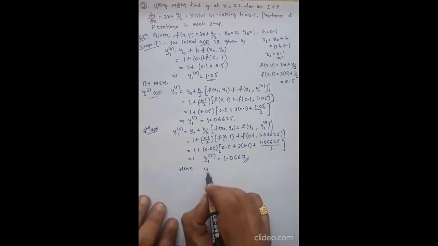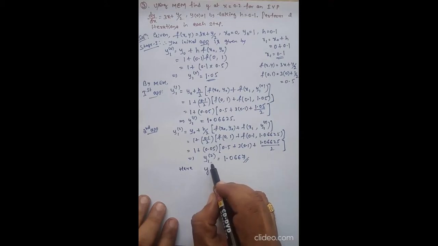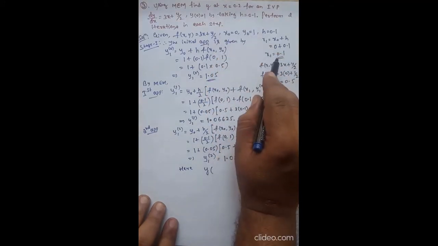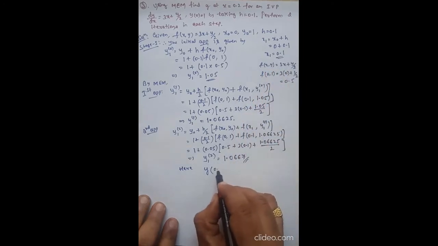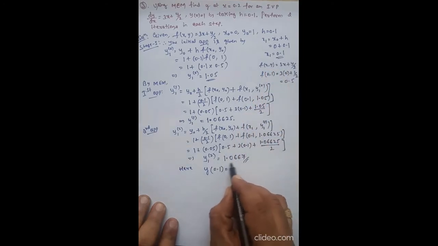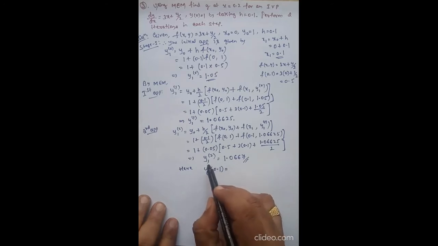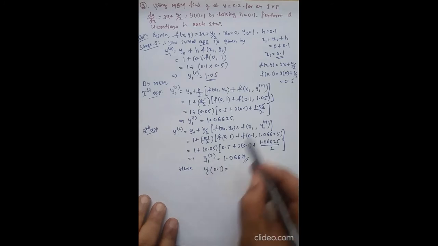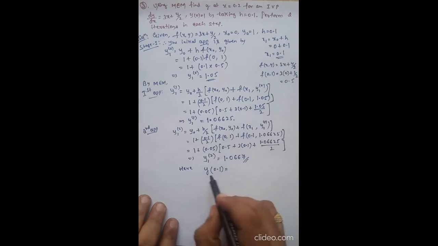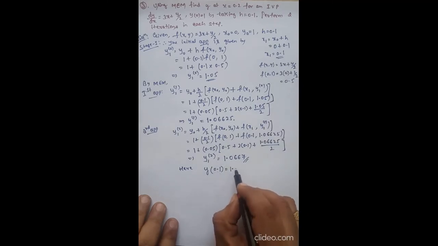Here this is the value of y at x is equal to x1, the first stage. So what is the value of x1 here? 0.1. So this answer whatever we got here represents the value of y at x equals x1 and x1 is 0.1. So it is the value of y of 0.1. Y of 0.1 is 1.0667.